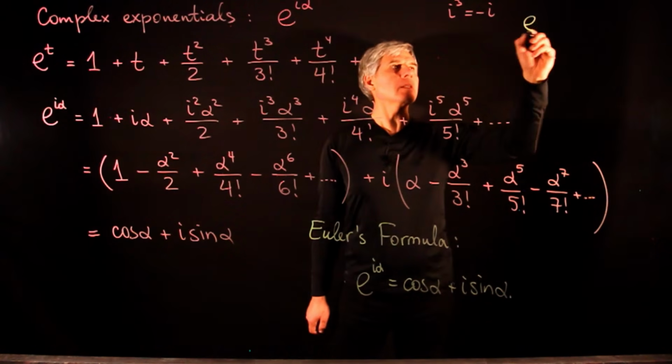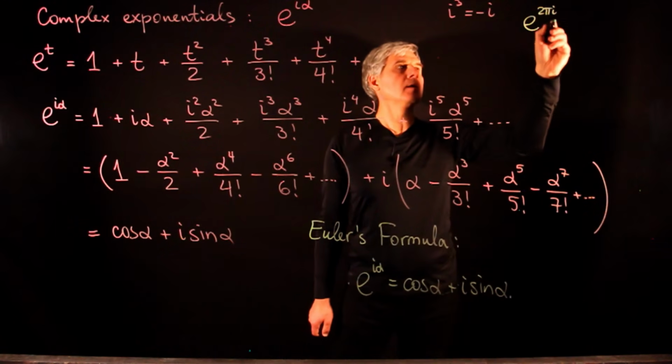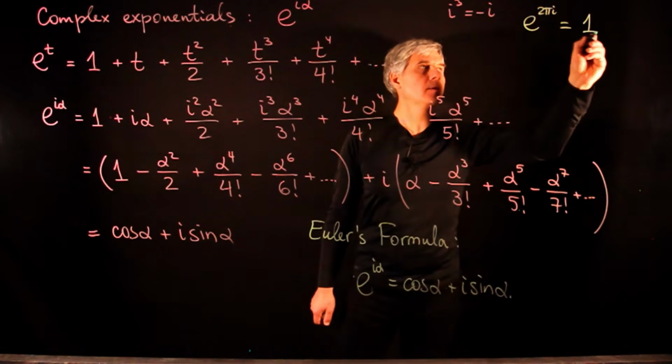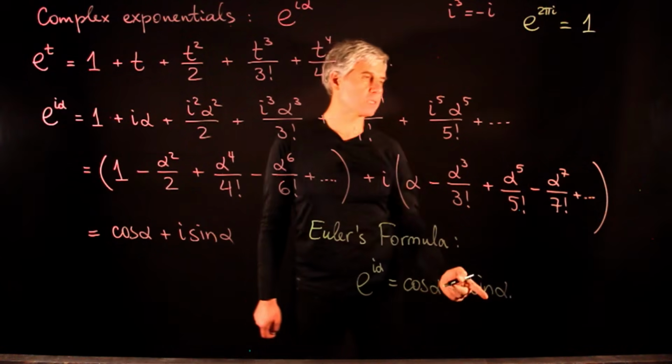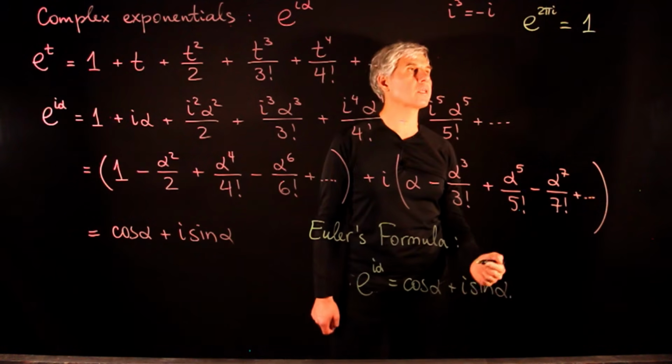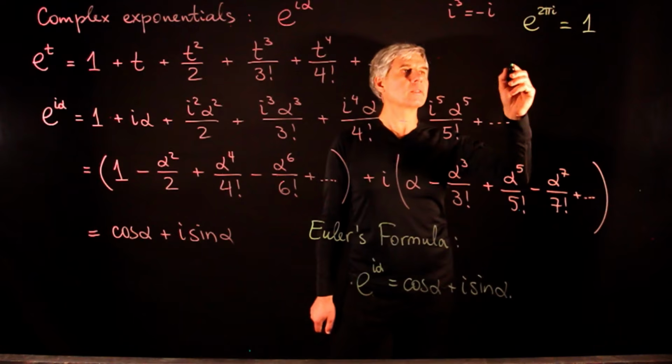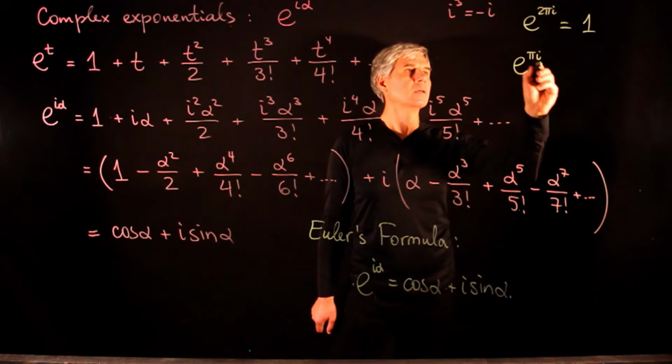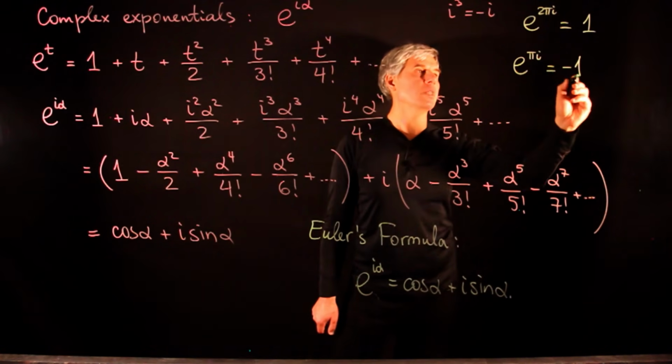In particular, e to the 2 pi i is equal to 1, because cos of 2 pi is equal to 1 and sine of 2 pi is equal to 0. And e to the pi i is equal to minus 1.